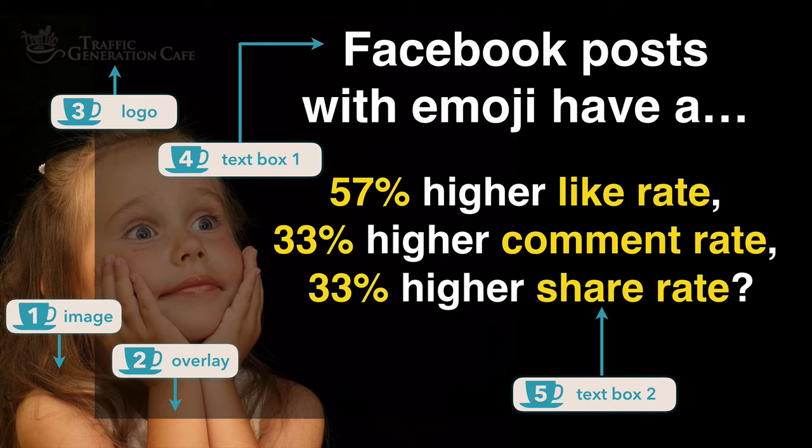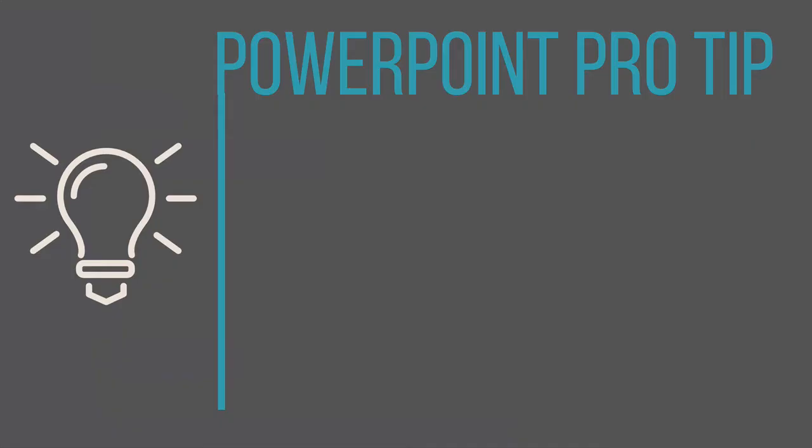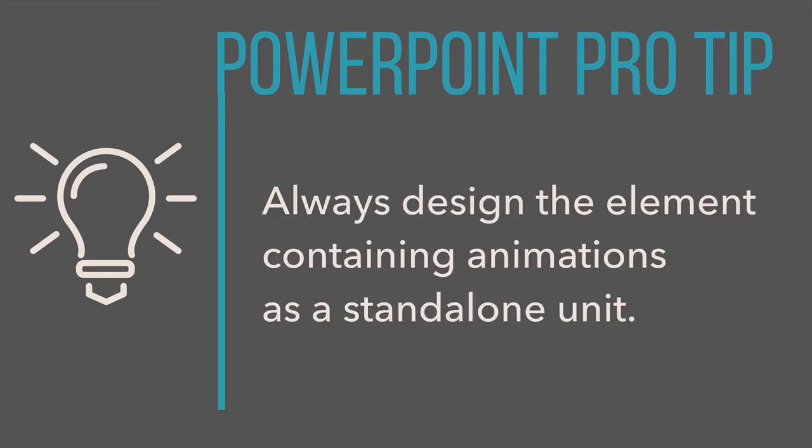The first 4 elements of the slide, including text box 1, will remain unchanged through the sequence. I call them fixed elements. Thus, text box 2 is what I'll be working with to create the animation effect. And by the way, always design the element containing animations as a stand-alone unit.